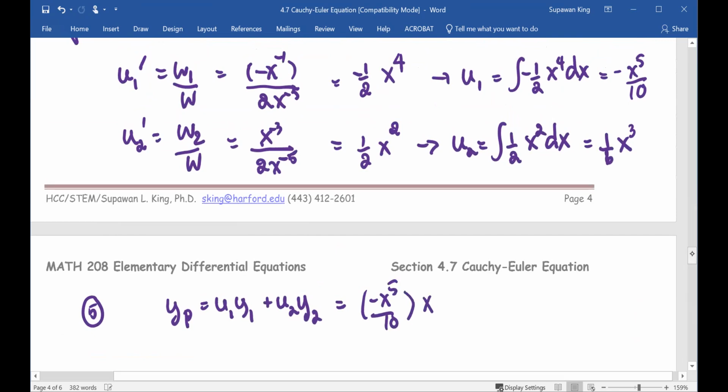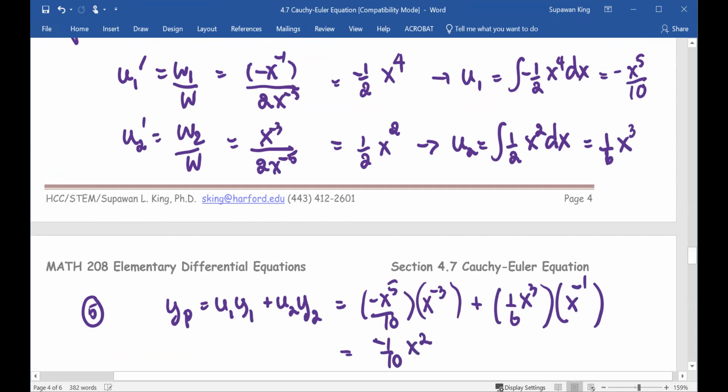Y1 is x to the negative third power. And then plus the u2, which is 1 over 6 x to the third, multiplied by y2, which is x to the negative first. And what you would do, just to clean up the power, is negative 1 over 10 x to the second. And the second term would be 1 over 6, again, x to the second.